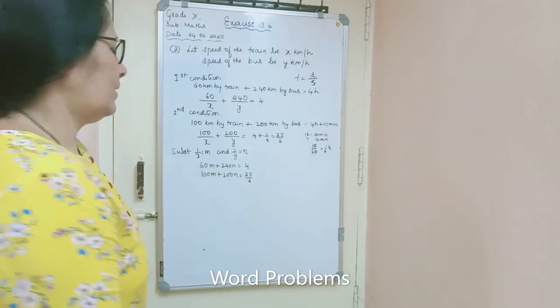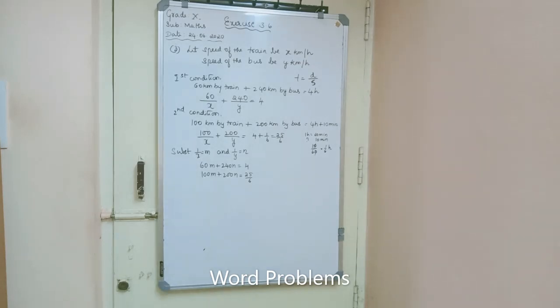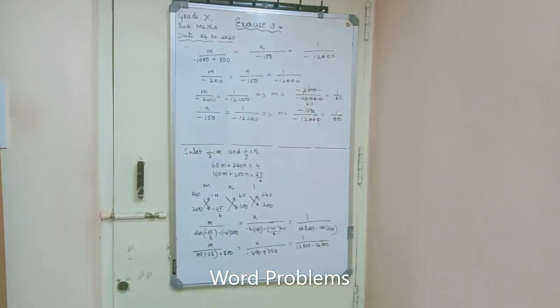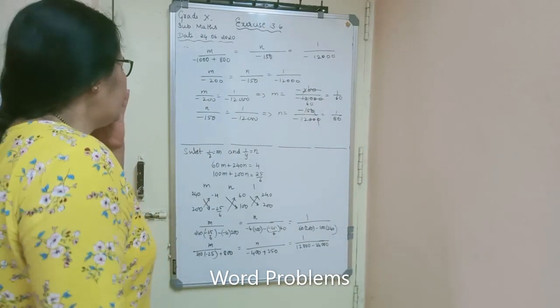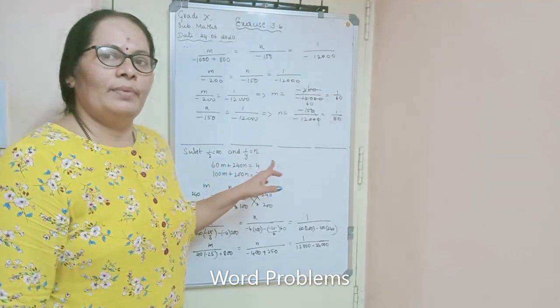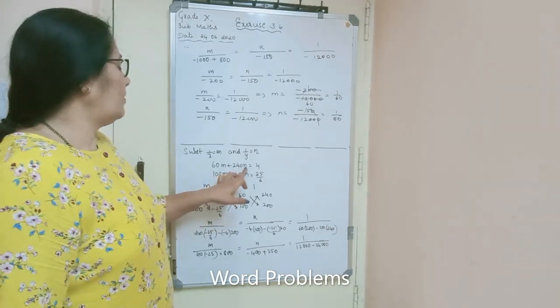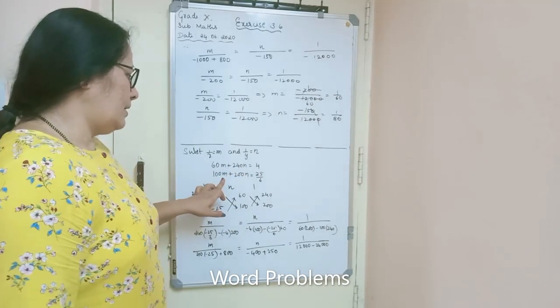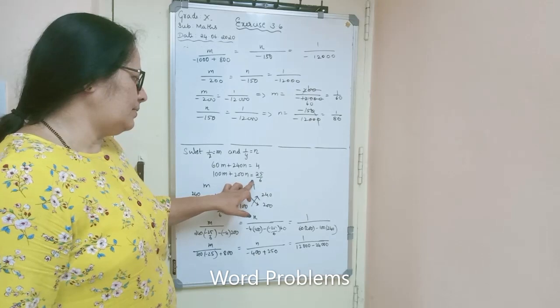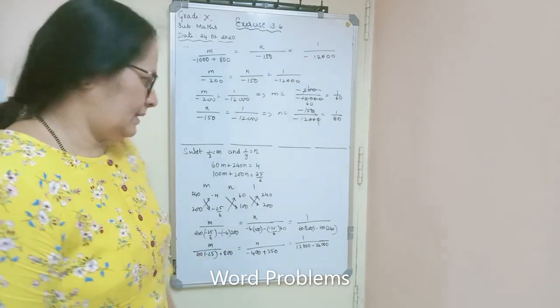Okay, now you can simplify. Now substitute 1 by x as m and 1 by y as n. Then you will get 60m plus 240n equals 4 and 100m plus 200n equals 25 by 6.